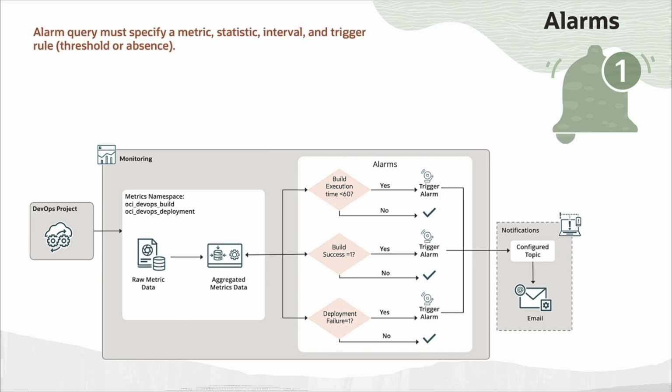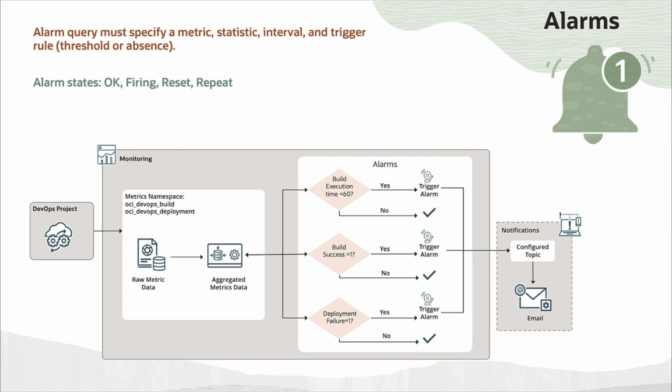There are multiple components involved in creating an alarm query. To define an alarm query, you must specify the metric, the statistic, interval, and the trigger rule. Alarms have different states once you have created them. The OK state means the alarm is not in a firing state.